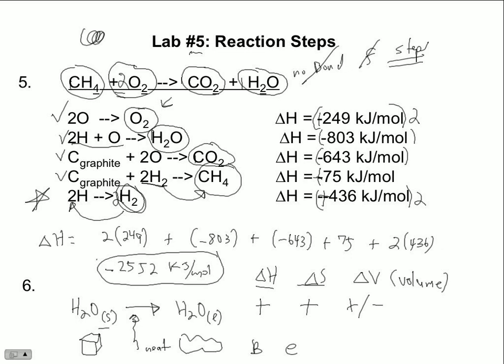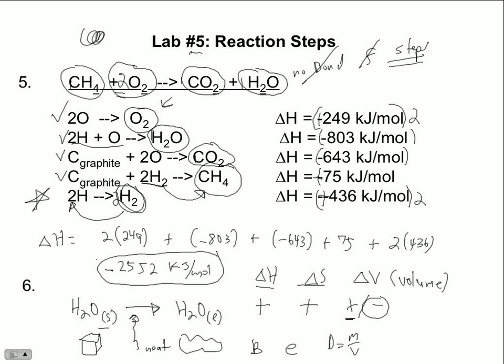Now that makes this either a plus or a minus. Volume change. What happens when water melts? Our normal logic would be to say that the volume increases. And that's actually not true in this case. When water melts, its volume actually decreases, and this has to do with something called thermal expansion.